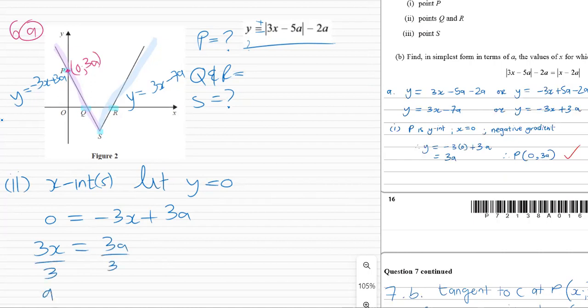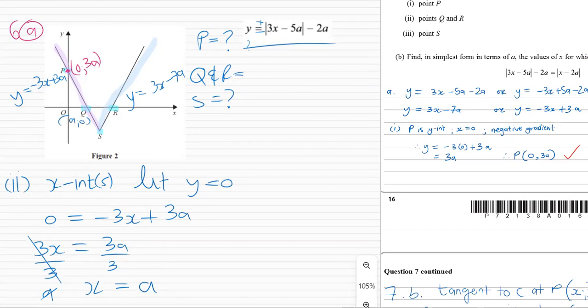Oh, I went the wrong way. I don't want a on its own, I want x on its own. There we go. So x equals a. So I did the negative one first, which means we did Q. So for Q, our x is equal to a, and our y was 0, so it'll be (a, 0).